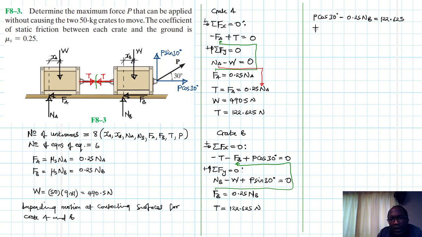Okay, and then we have this other P sine 30 plus NB is just going to be equal to W, and W is just 490.5. So we have these two equations that we just need to solve simultaneously.